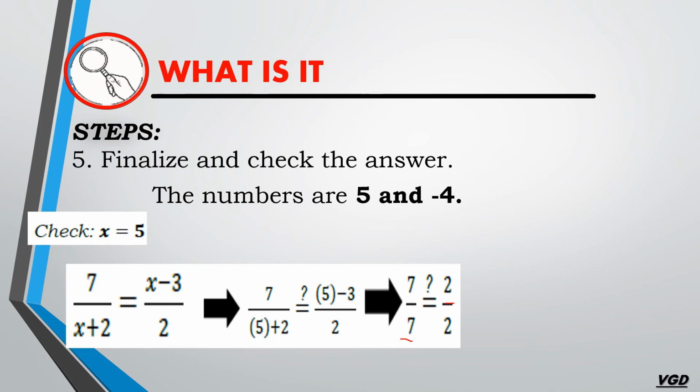Take note that 7 divided by 7 is equal to 1 and 2 divided by 2 is equal to 1. Since our left side and our right side have the same answer, therefore x is equal to 5 is one of the numbers. And it is correct.